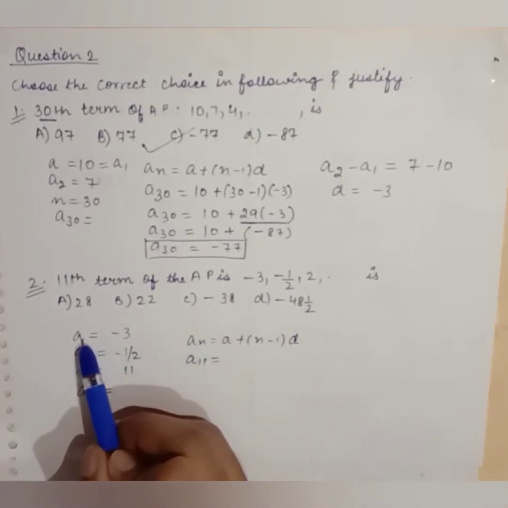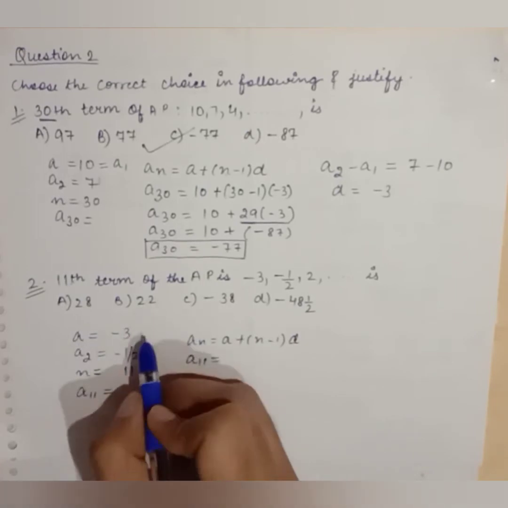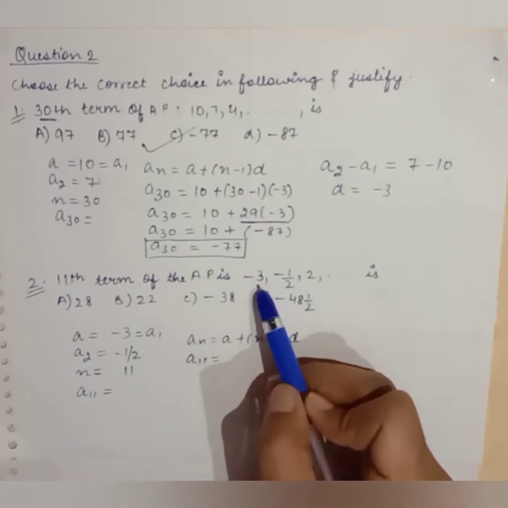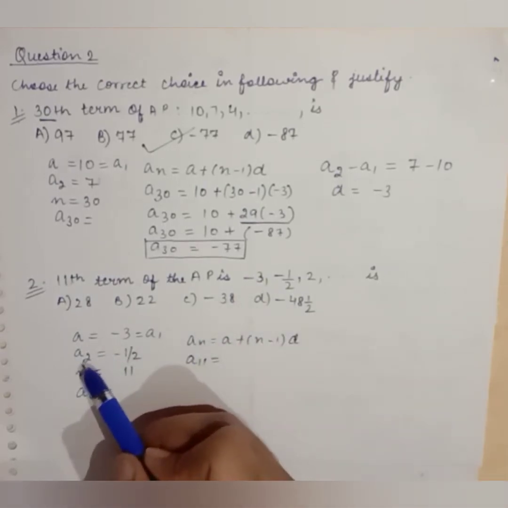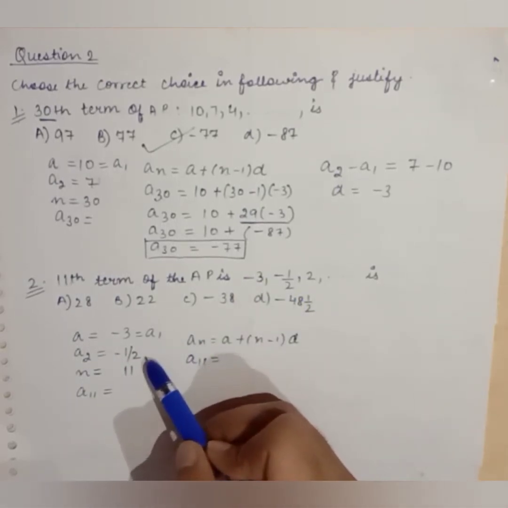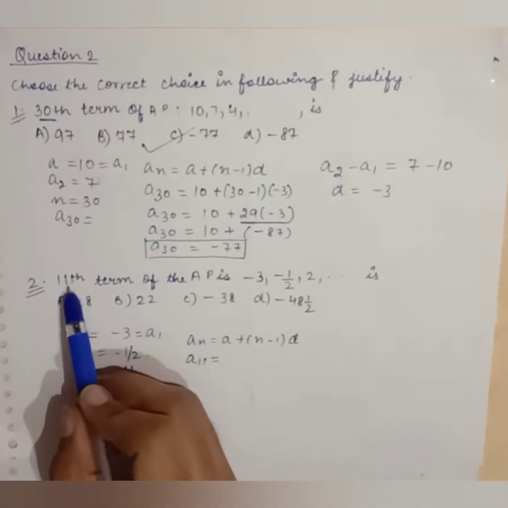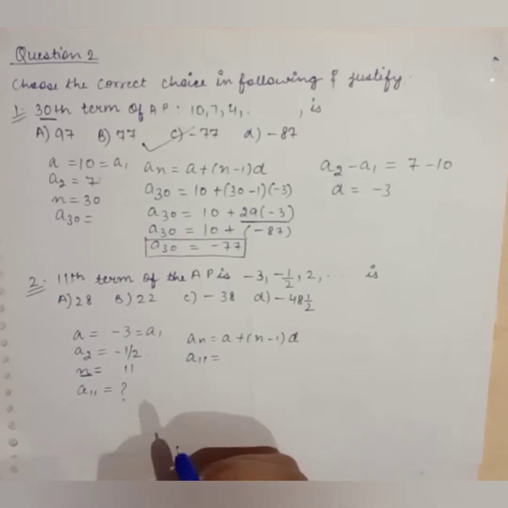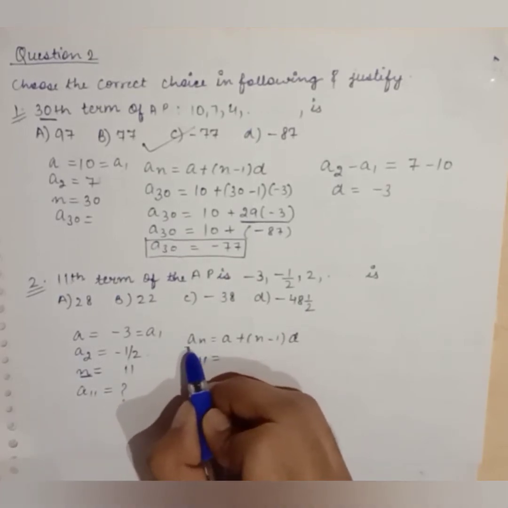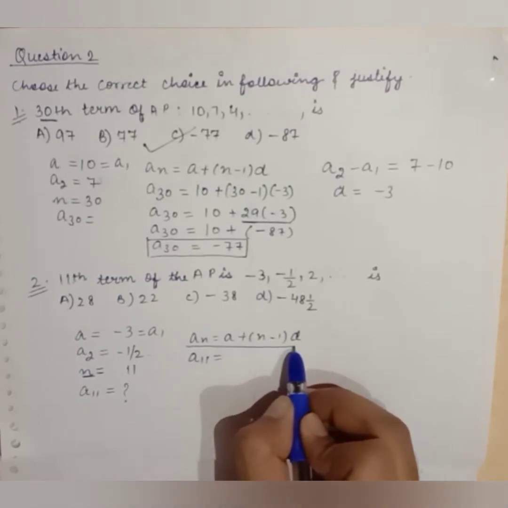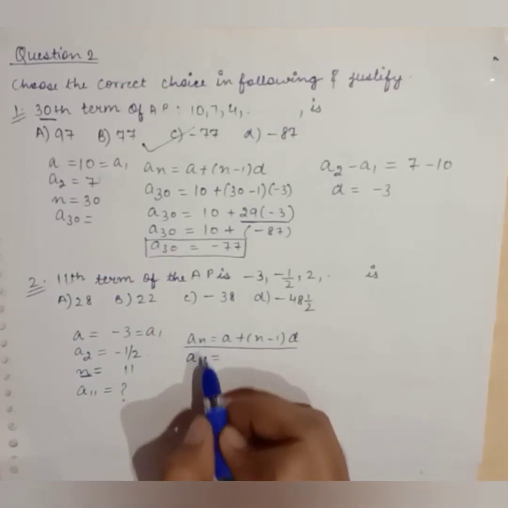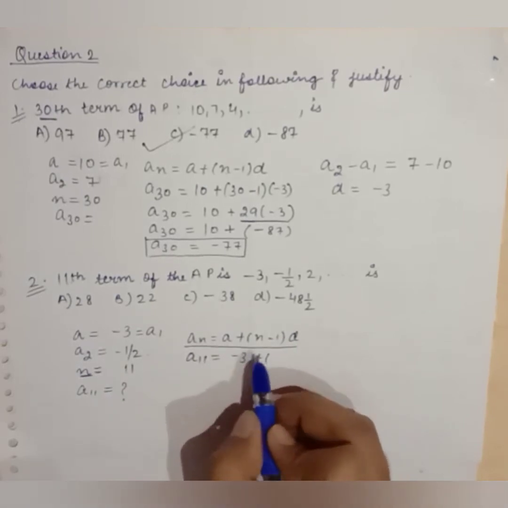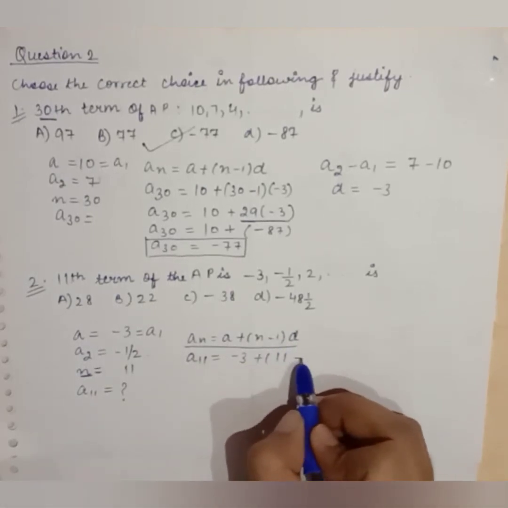Now for the first term a, that is also a1, we are given minus 3. The second term is minus half. n is 11 and we have to find the 11th term. We use the formula an is equal to a plus (n minus 1)d. an is the 11th term, a is minus 3 plus (n is 11 minus 1).